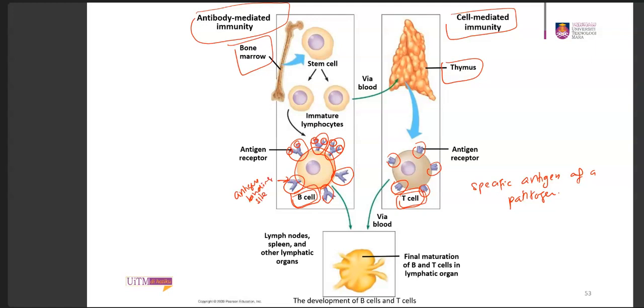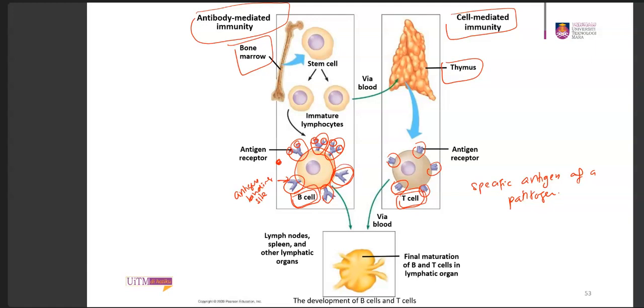So B cell, T cell ni dia akan ada banyak reseptor, tapi reseptor dia tu akan bind kepada antigen yang sama. Sebab reseptor dia shape dia sama je. Cuma kenapa dia ada banyak, to increase the probability to bind to that specific antigen. Bayangkan kalau ada satu je, kalau molekul antigen tu ada belah sini, macam mana dia nak bind, faham?